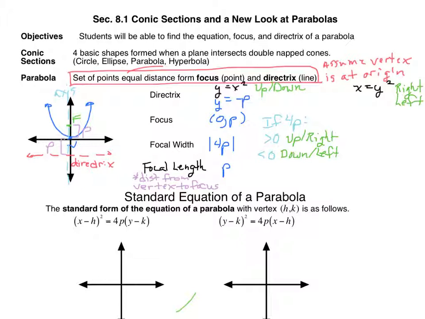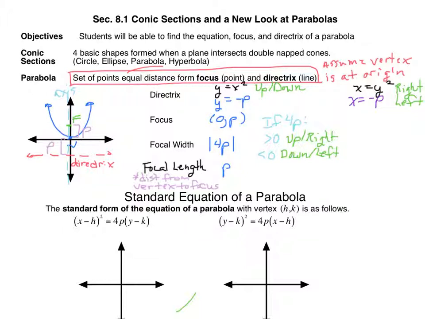And then your directrix is going to end up being, oh, what color do I want? How about purple? So your directrix, if you think about it, if you have a parabola that opens, let's say, right, won't your directrix go this direction? So your axis is going to go through the x-axis. So you're going to end up with it being x equals, for your directrix, negative p.